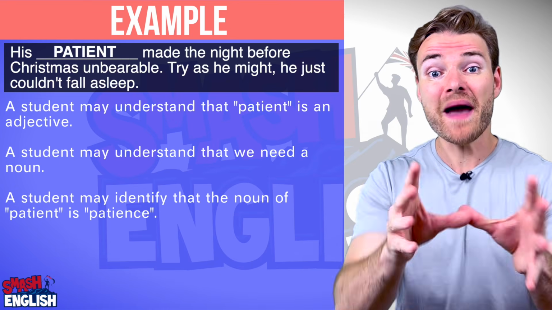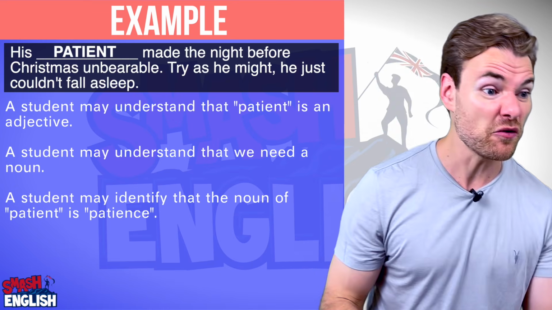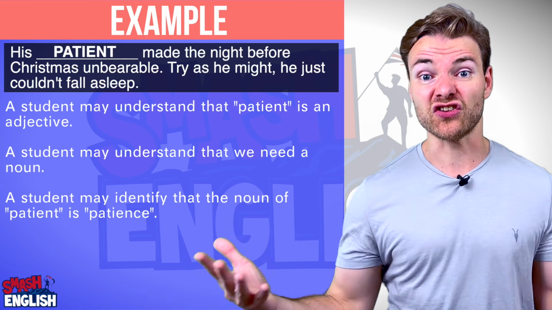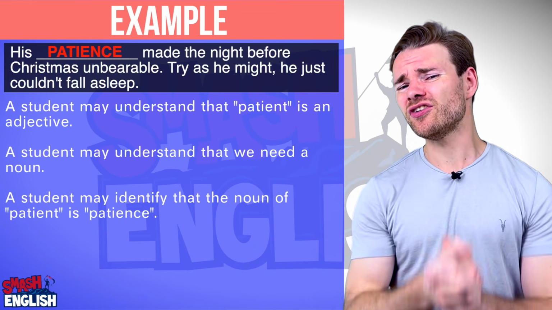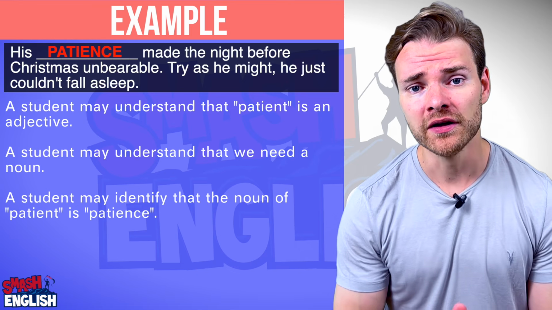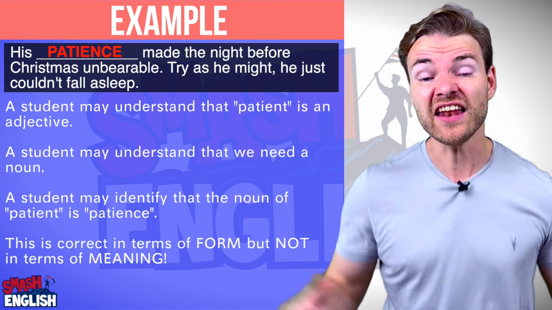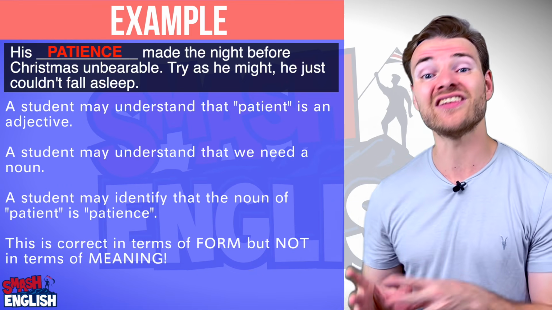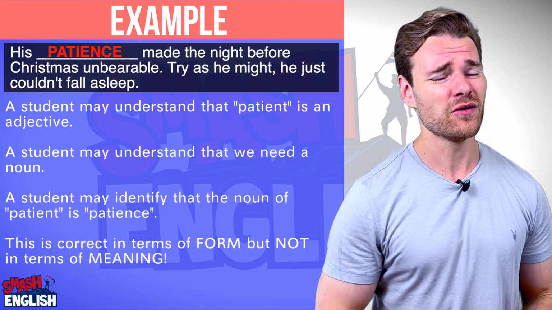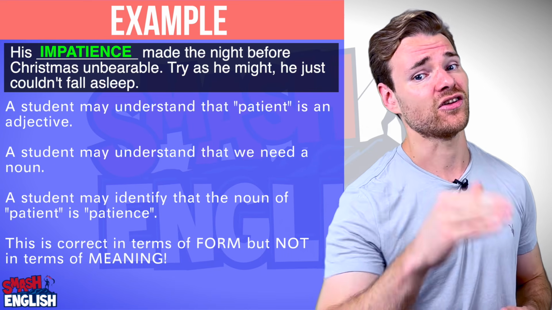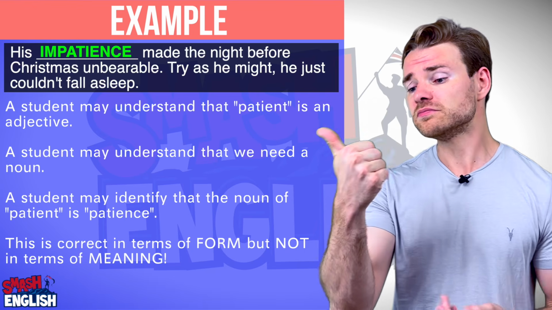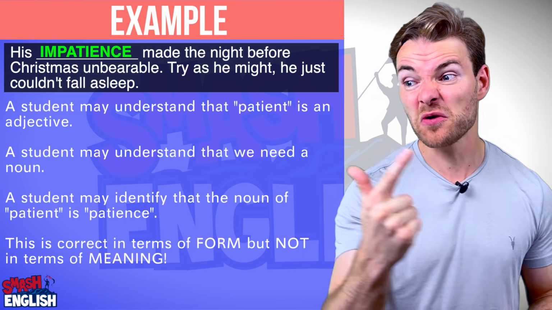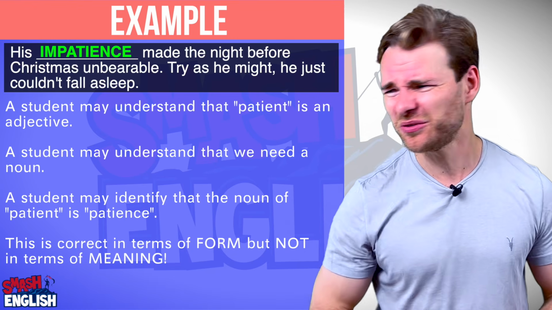And the student may identify correctly that the noun of patient is patience. Voila! But then we have a big problem, because this student has only focused on form, and patience doesn't make sense in the context of this sentence. Instead, the answer that we needed was impatience. Basically, make sure that you focus on form and meaning. So, read the bloody text, alright?